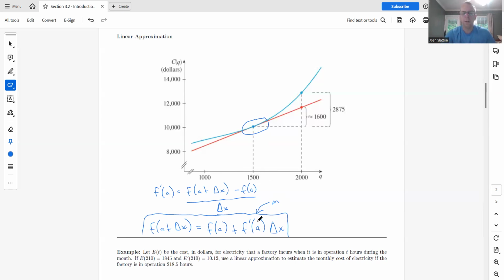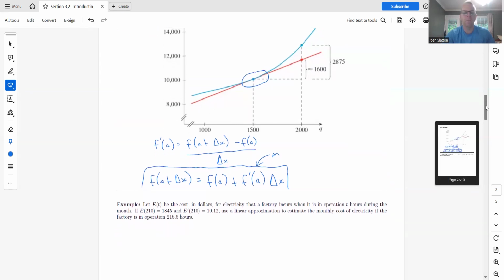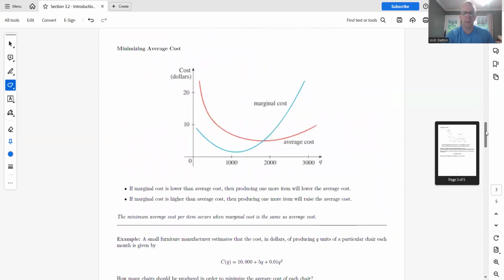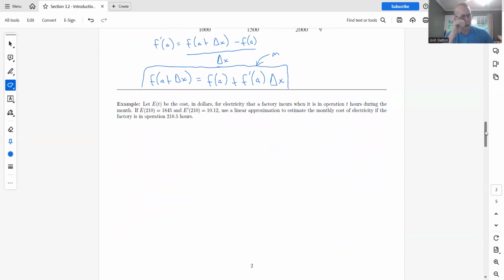So with this formula in mind, you don't necessarily need to memorize the process of how we got here, but it does help. Rather than just memorizing a formula, I think it helps to see where the formula comes from. And so that's where it comes from. So with that in mind, let's look at this next example.